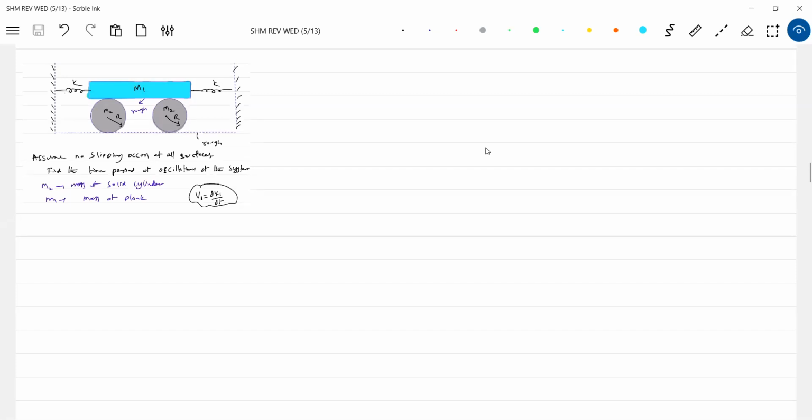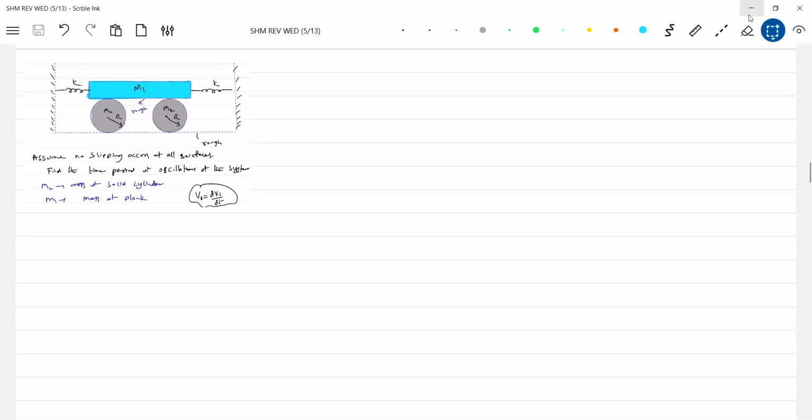You can solve by the energy method or the force-torque method. The force-torque method will be very lengthy. You will end up with so many equations. No slipping occurs at all surfaces, so the net work done by rolling friction will be 0. We'll go for the energy method.